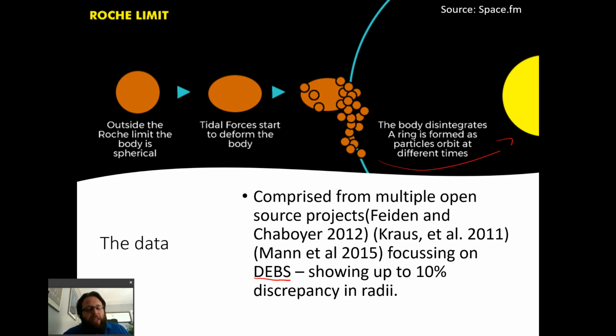This is very similar to what we see in type 1a supernovas with white dwarfs and a progenitor.